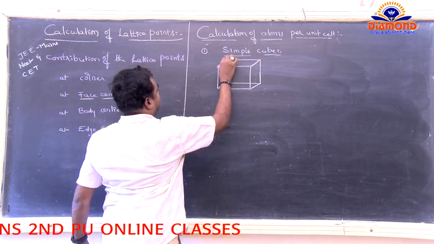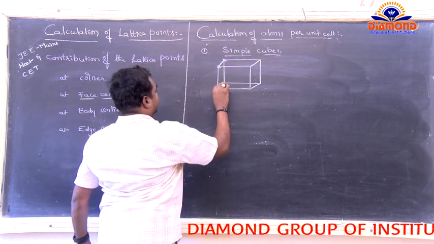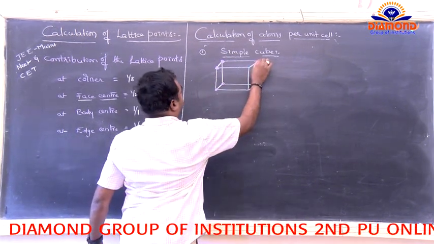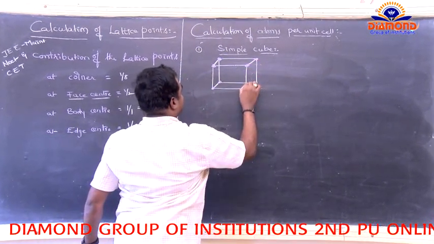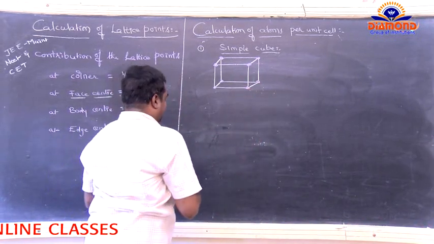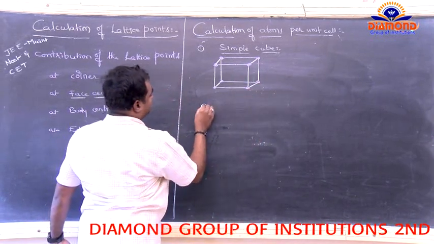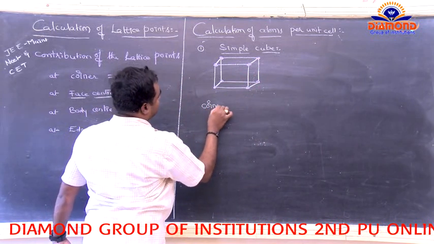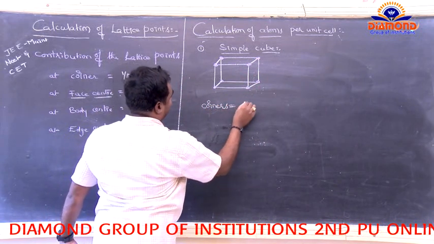Here are the lattice points: 1, 2, 3, 4, 5, 6, 7, 8. So here we have the corners. How many corners are there? 8 corners.